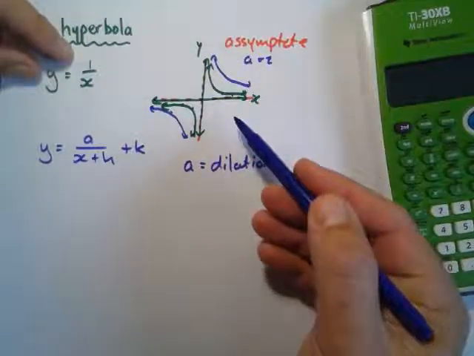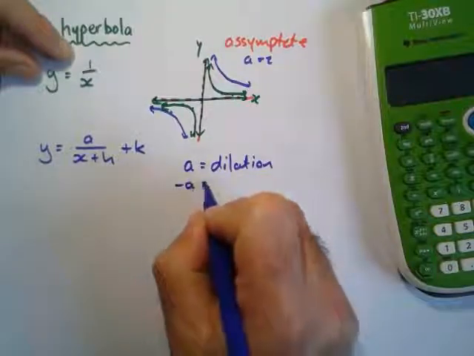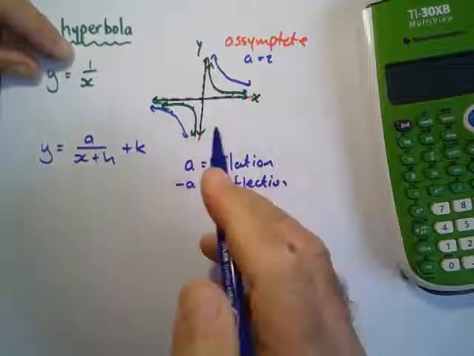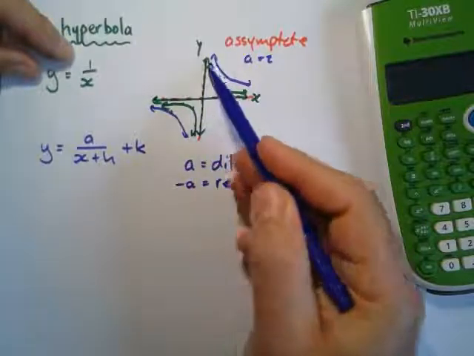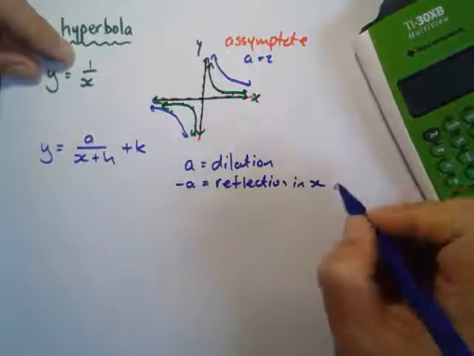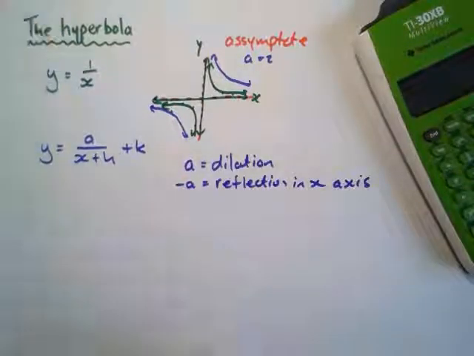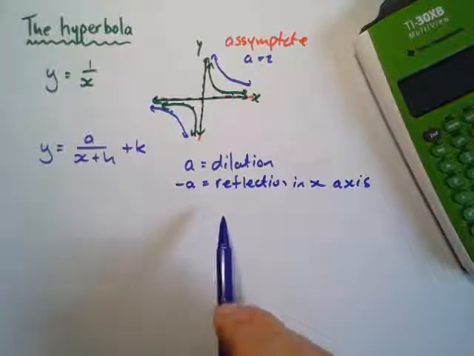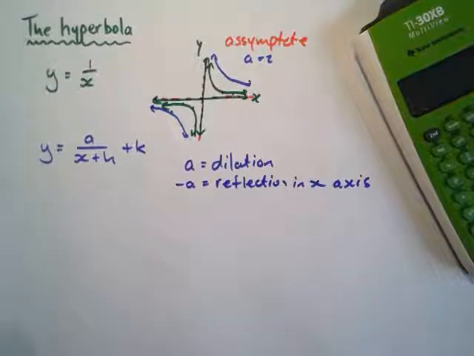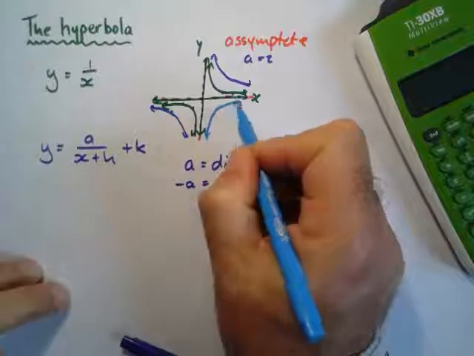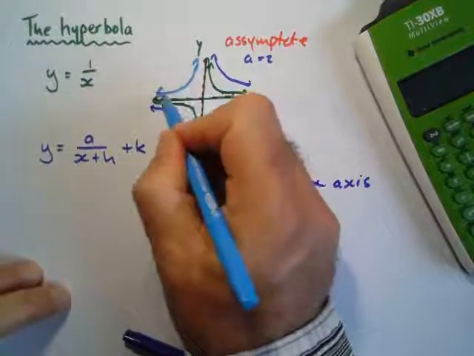And if a is negative, it's a reflection in the x-axis, because your y value becomes negative y. So it's a dilation and also a reflection in the x-axis, which means the negative a graph will be there and there.